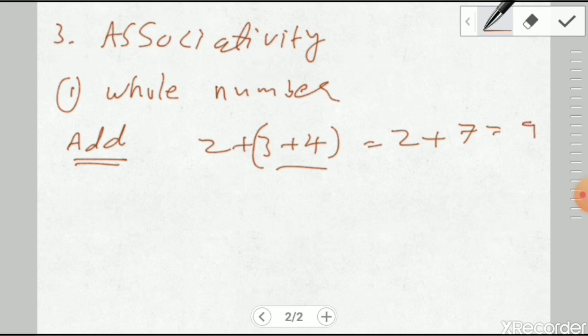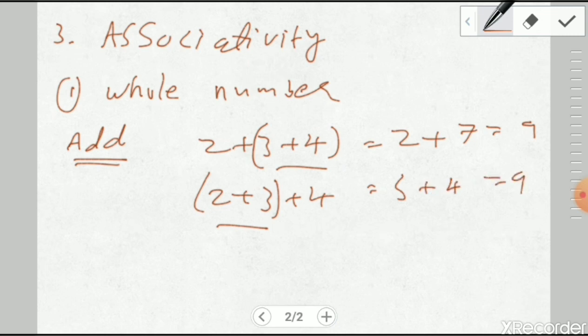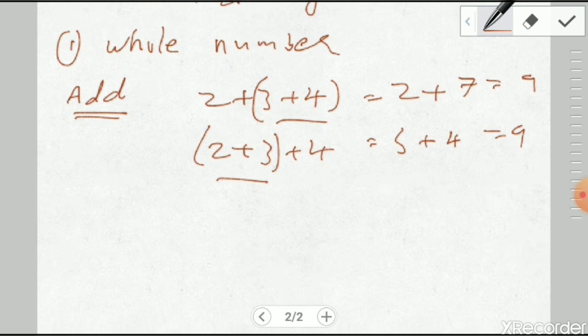In another way, 2 plus 3 plus 4, and I make the association for the 2 and 3. The answer of this bracket is 5, plus 4, it becomes 9. So both have the same answer. That means addition is associative.